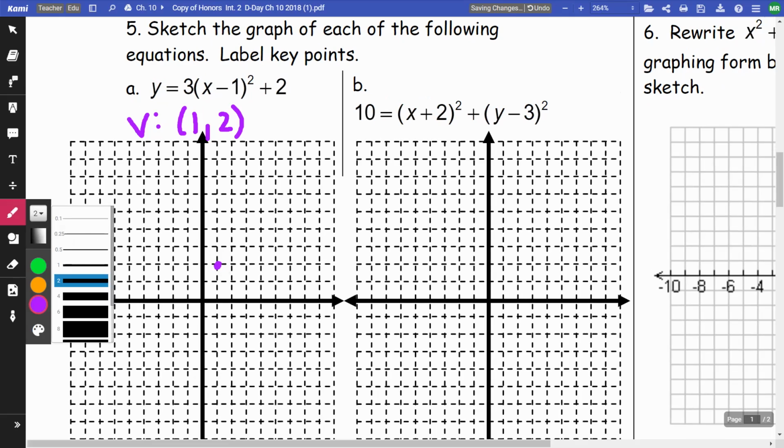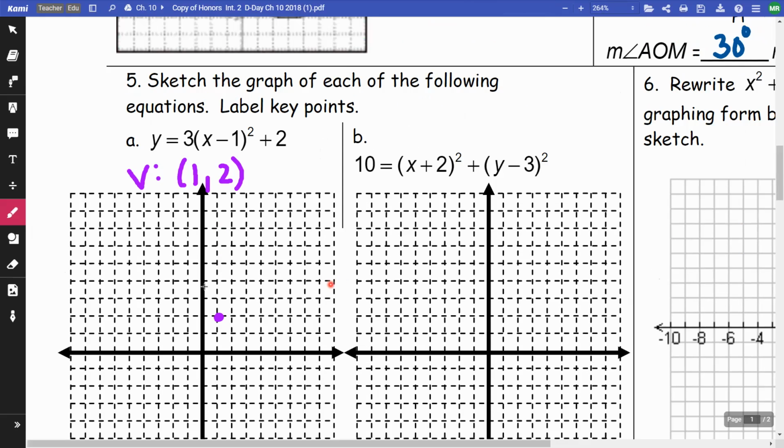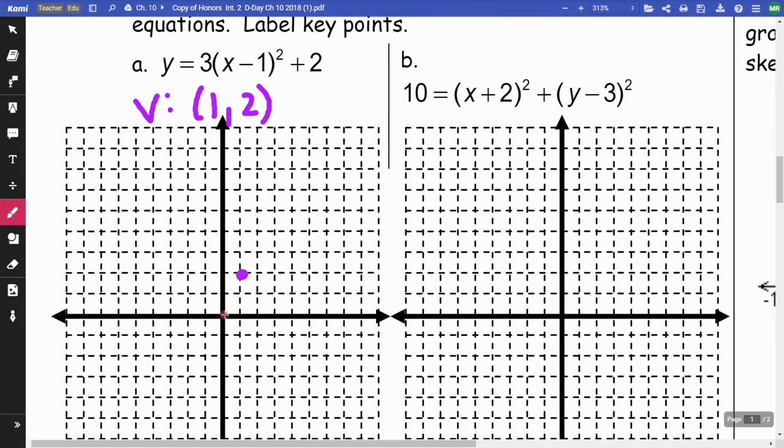And then from there, what I'm going to do is the radius, sorry, the stretch is 3. So from here, if I go out 1 from my vertex, 1 squared is 1. I'm going to times it by my stretch of 3. 1, 2, 3. Same on both sides.